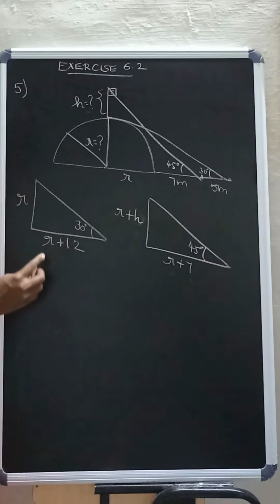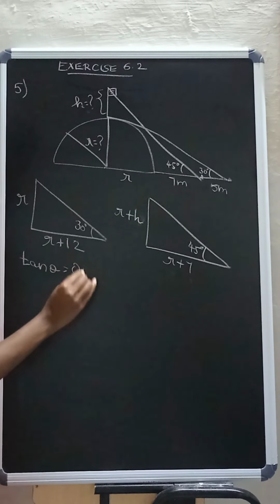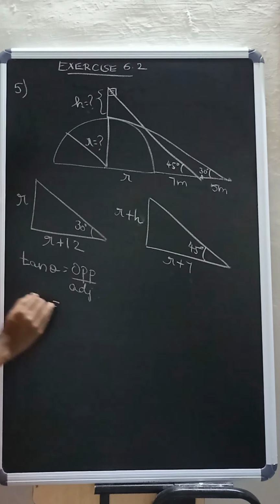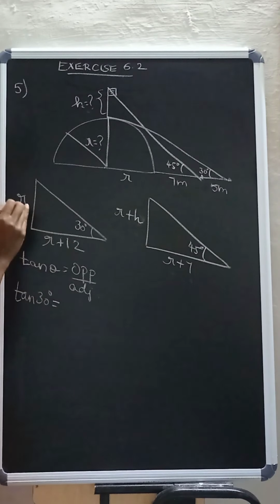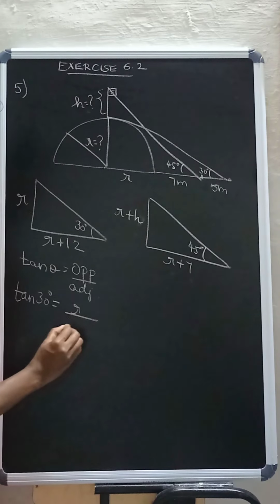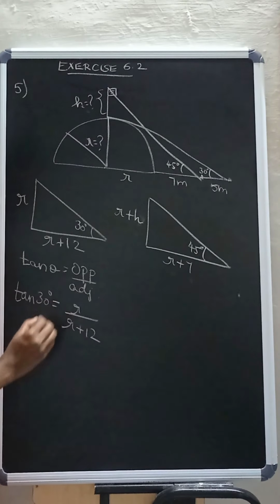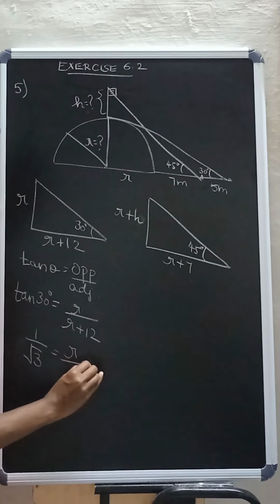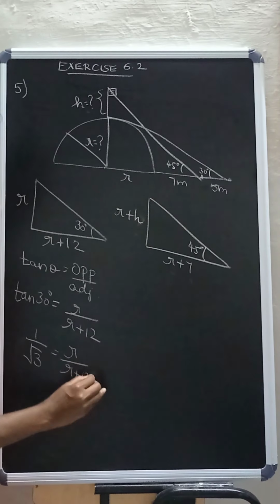Now we will equate. We have opposite and adjacent. So we will take tan theta. Tan theta is equal to opposite by adjacent. Tan 30 degrees is equal to r by r plus 12. 1 by root 3 is equal to r by r plus 12.